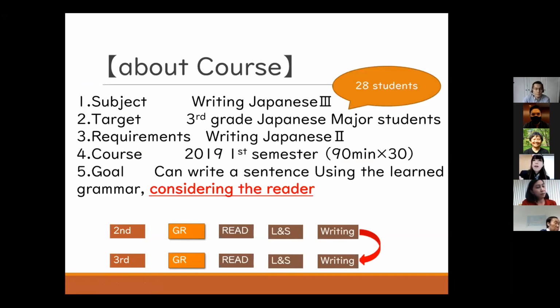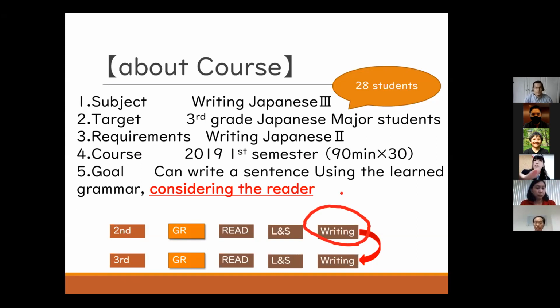As I said to you, we learn the Japanese language step by step. So students take two writing classes before third grade.